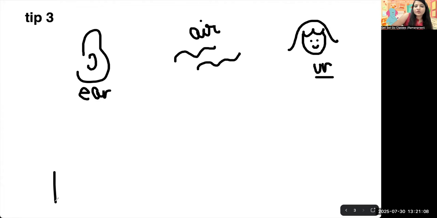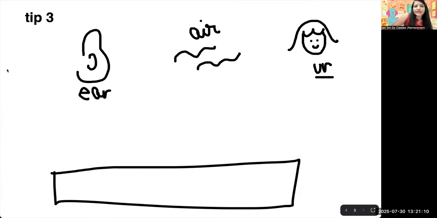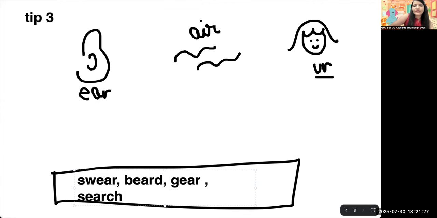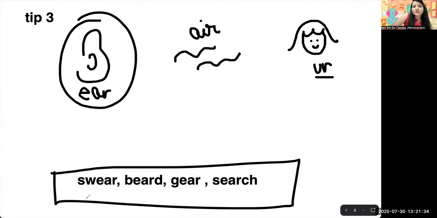Now you give them the words below. You can mix up some words, write down some words here. For example, you write words like swear, beard, gear, and a word like search. Now you tell them to read these words, and these visuals are going to help them understand whether the word swear is an air word.